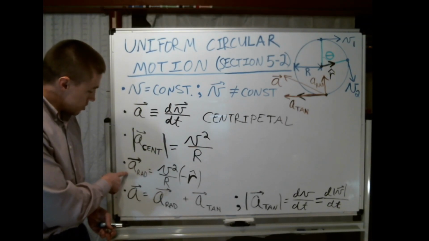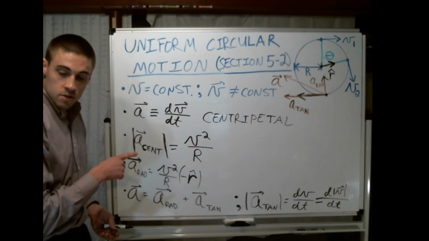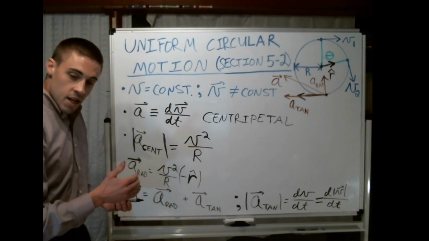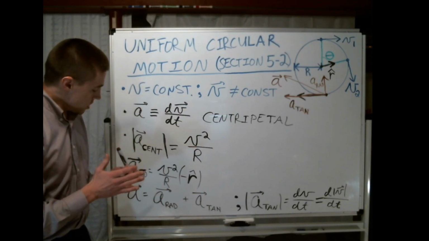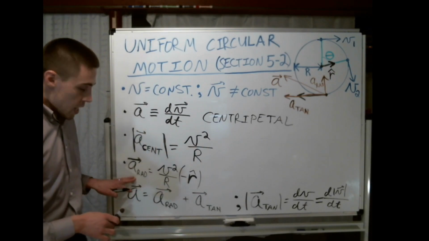That holds even if the object is not undergoing uniform circular motion, if it's just undergoing circular motion, so long as I've found all of the radial contributors to the radial force, I can set that equal to m times a radial.